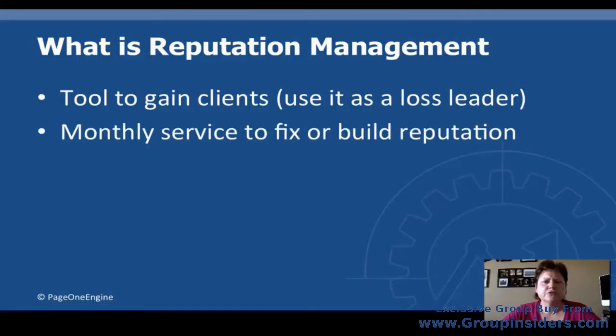You can also do pure reputation management as a service. In other words, a monthly service that you can sell to someone to fix their reputation if they have a bad or negative reputation. Or you can use reputation management to actually build up a reputation in a positive manner. So maybe they don't have any reputation at all, or maybe the reputation they do have just really isn't as good as their competitors'.